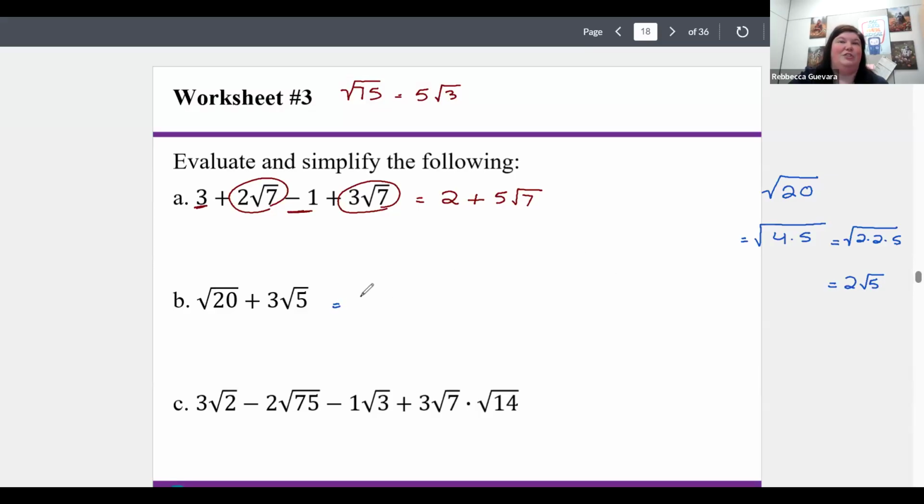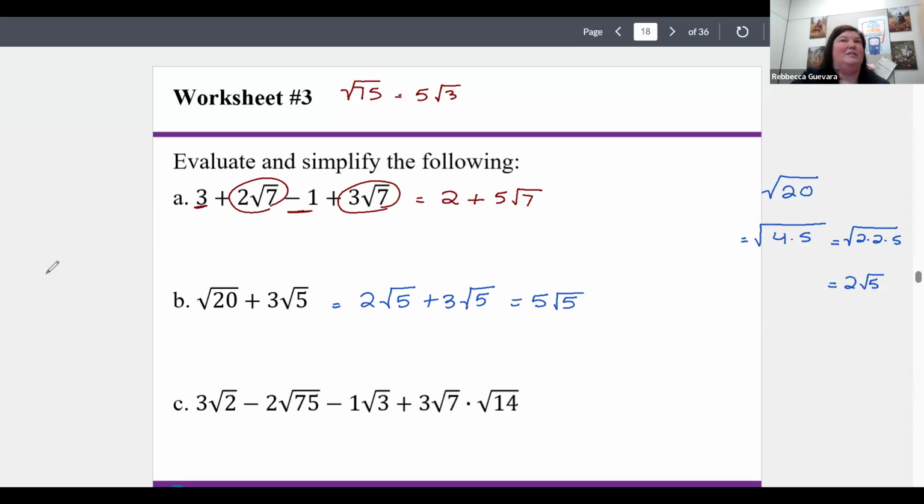So this is actually just 2 square root of 5 plus 3 square root of 5. So sometimes it might not look like you have like radicals, but if we just do a little simplifying, we may see that we in fact have like radicals. Once I get to this point, well, how many square roots of 5 do I have? I have 1, 2, 3, 4, 5 square roots of 5.